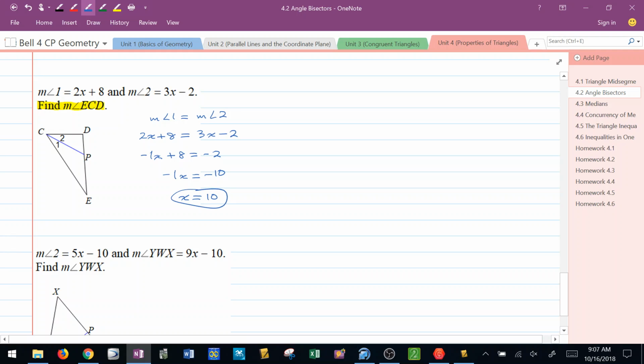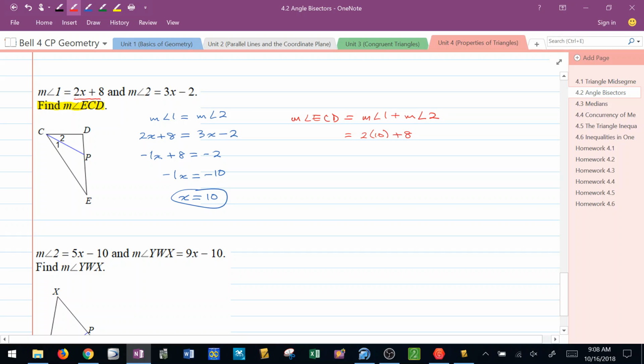All right, so I found x. I do know this is true by something that is called angle addition that we covered a while ago. The measure of angle ECD is equal to the measure of angle 1 plus the measure of angle 2. That's angle addition. All right, so if I take that x and substitute it in for angle 1, or 2x plus 8, I have 2 times 10 plus 8.